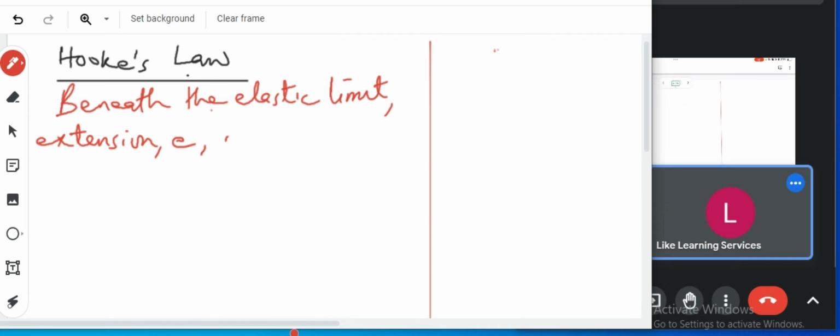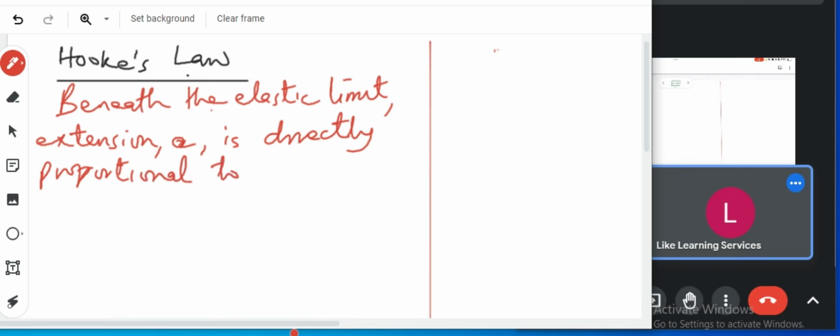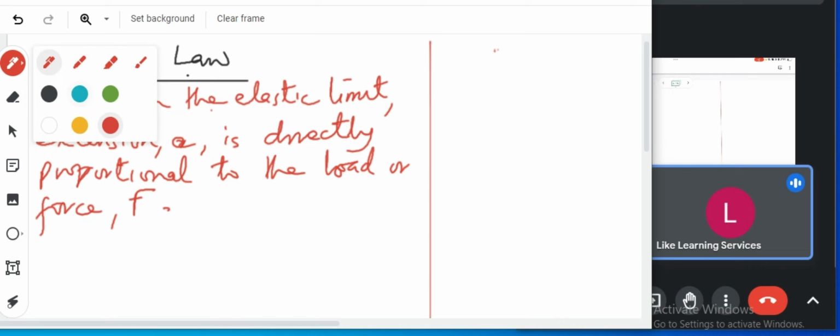Extension E is directly proportional. Some textbooks use X for extension. It doesn't matter. Directly proportional to the load or force, which is F. Okay, so mathematically, as we rightly said, F is equal to KE.